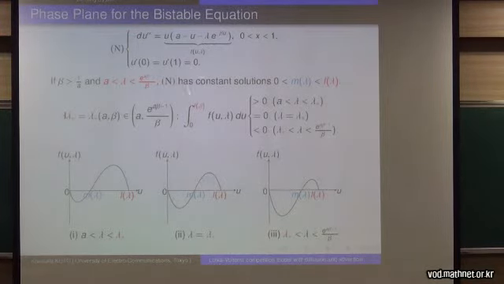In such a situation, N has 3 non-negative constant solutions: U equals 0 and 2 positive constant solutions, M lambda and L lambda. This is the middle constant solution. This is the large constant solution, which depends on the parameter lambda. M lambda is monotone increasing with respect to lambda. L lambda is monotone decreasing with respect to lambda.